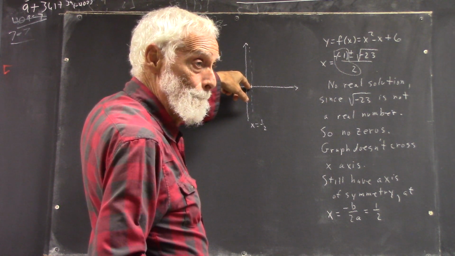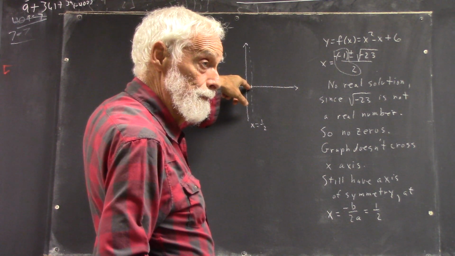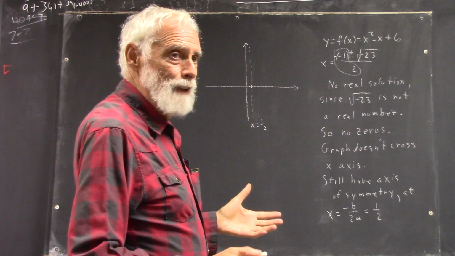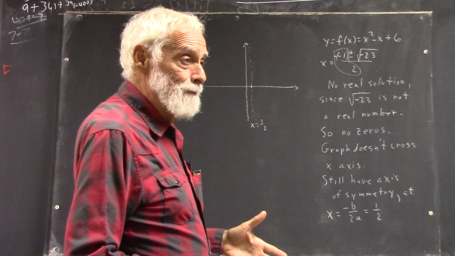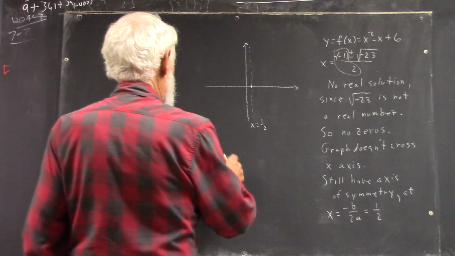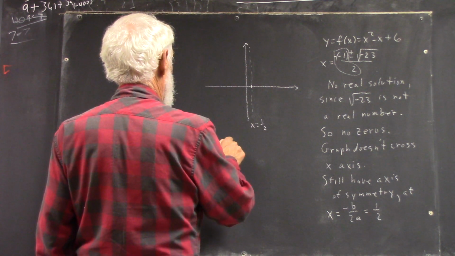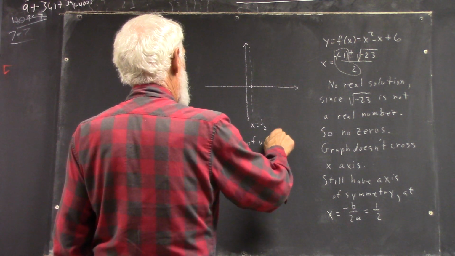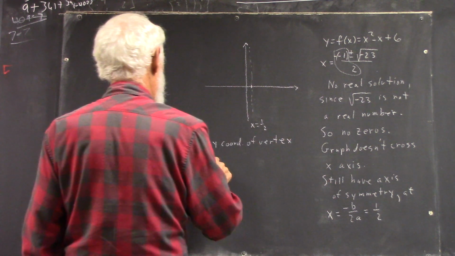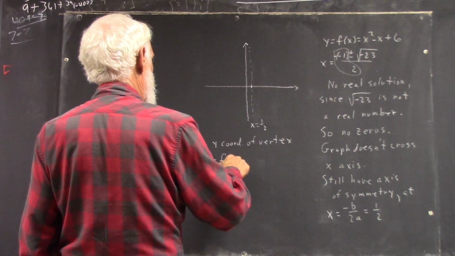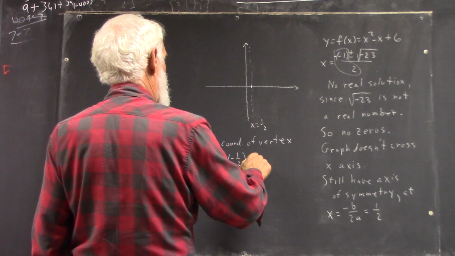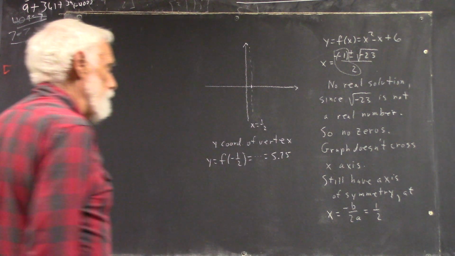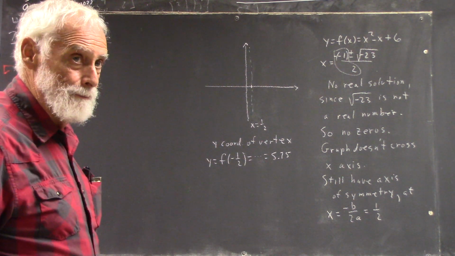Okay? Now we find the vertex, because the next thing we do is we plug the x-coordinate of the axis of symmetry into the function. So then we get 5.75.